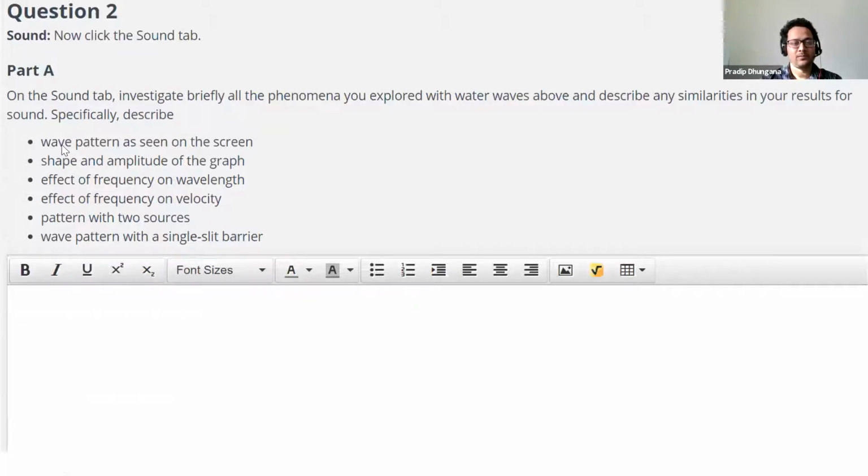Specifically describe the wave patterns, as you see on the screen. What kind of wave pattern did you see? Shape and amplitude of the graph, effect of frequency on wavelength, effect of frequency on velocity, pattern with two sources, wave pattern with a single slit barrier. That means you have to answer all those questions in the case of the sound tab.